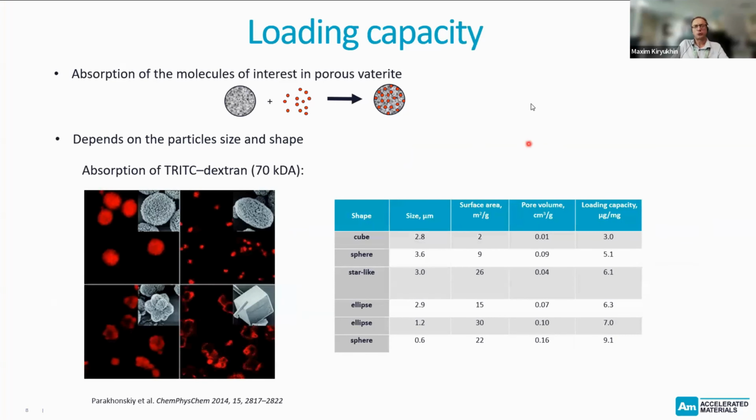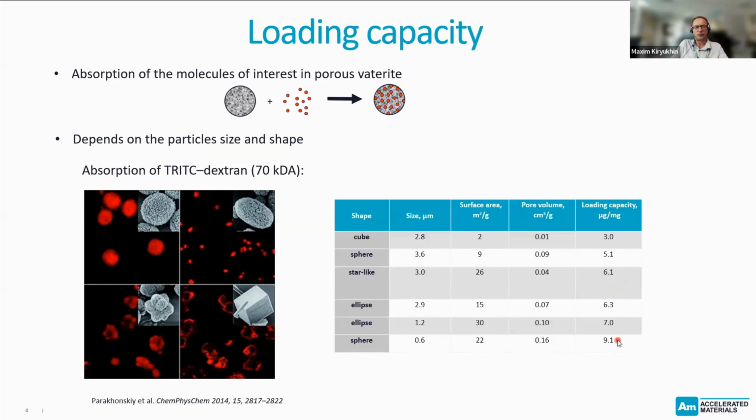Another factor which also affects the loading capacity is the size and morphology of the vaterite particles. For example, here you can see that when we go from larger spheres to smaller spheres, the surface area increases dramatically, and open porosity also increases, and you can expect up to 2 times higher loading capacity.